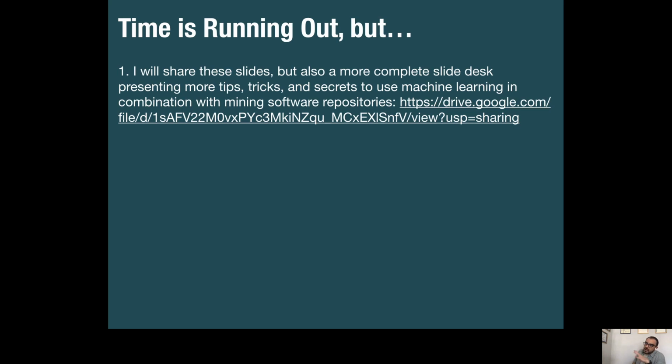First of all, I will share these slides, the ones that you see now projected, but also a more complete slide deck, which presents more tips, tricks, and secrets on how to use machine learning and how to exploit mining software repositories in combination with machine learning.